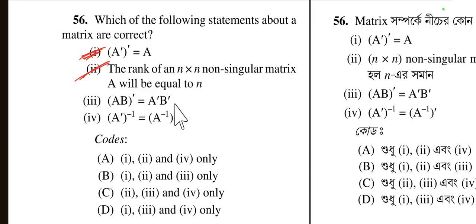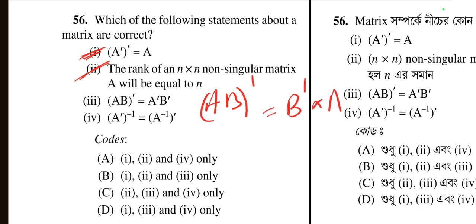This is incorrect because the correct rule for the transpose of a product is A B whole transpose is equal to B dash into A dash, not A dash into B dash. So this is not correct. Then option 4, A transpose whole inverse is equal to A inverse whole transpose. This is correct because the inverse of the transpose of a matrix is equal to the transpose of the inverse.